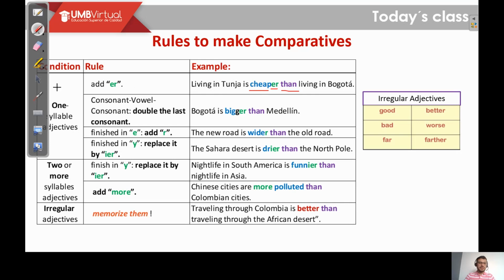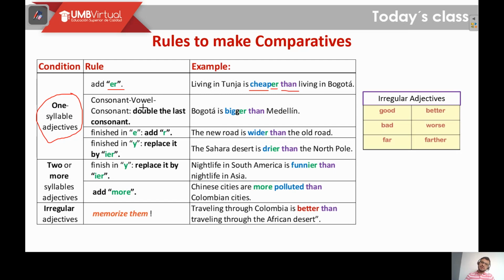Pero entonces simplemente vamos a guiarnos por estas reglas que están acá. Si tenemos un adjetivo de una sola sílaba, le vamos a agregar al final er. Digamos que esa es la regla general. Cheap, cheaper.